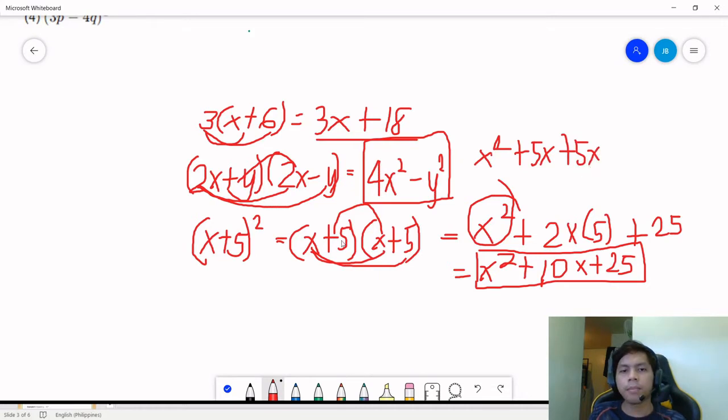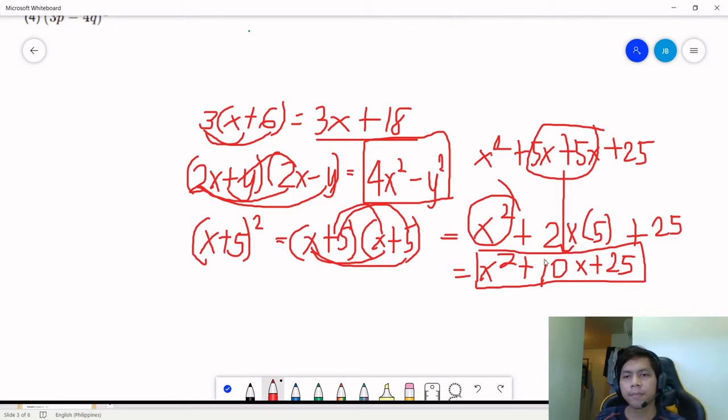Plus 5 times 5, that's 25. So 5x plus 5x is 10x. You will arrive at the same answer if you use the FOIL method.